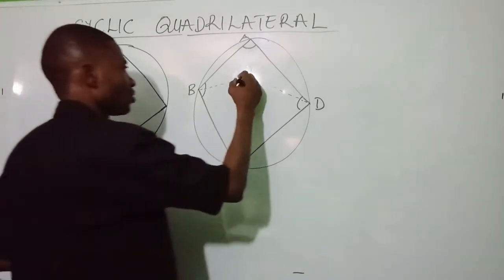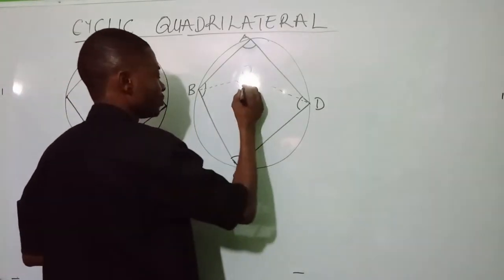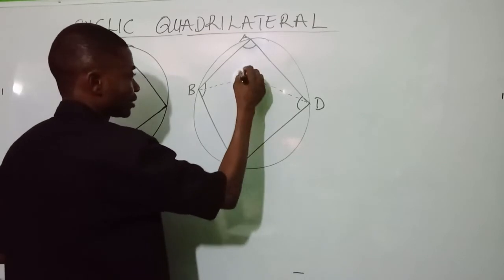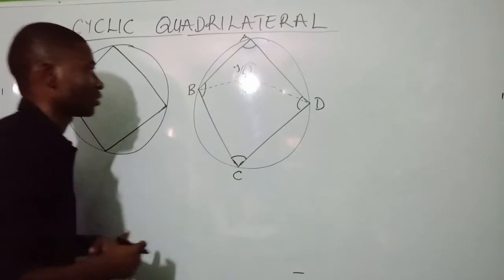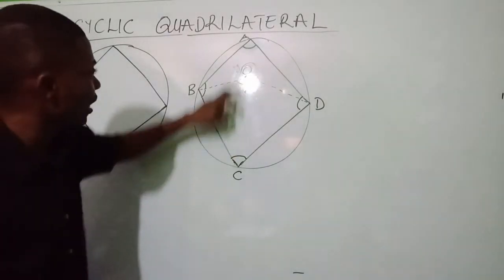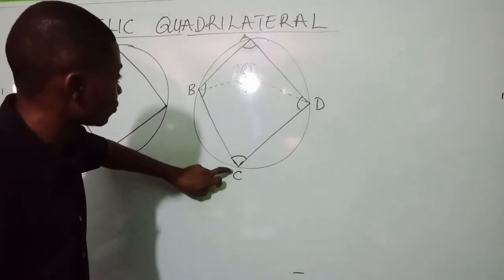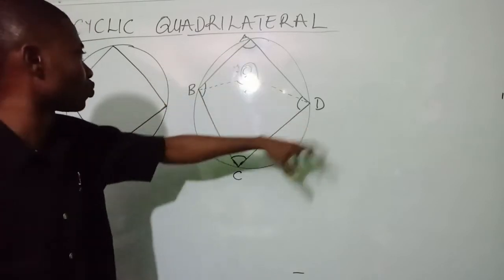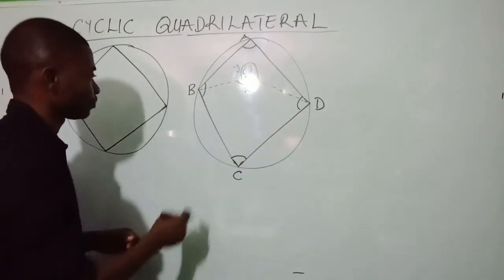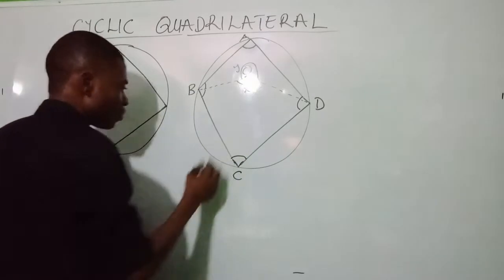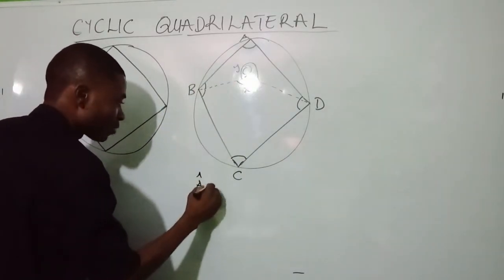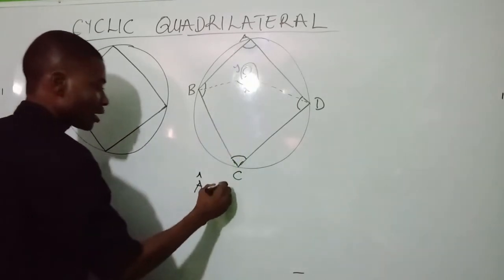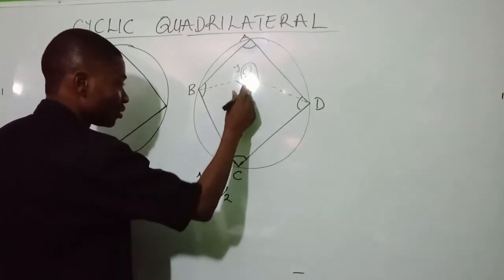Now I have another angle here. Let me call this X, and then of course another reflex angle here. Let me call that Y. Now I'm going to prove that angle C plus angle A is equal to 180 degrees. To do that, look at this. Looking at angle A on its own, it is equal to 1 over 2 x.